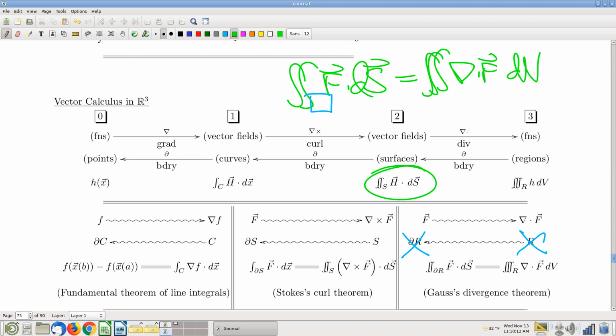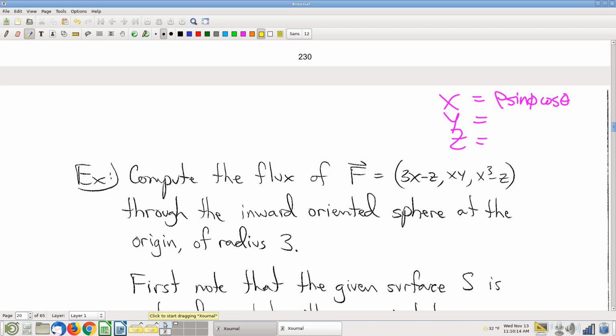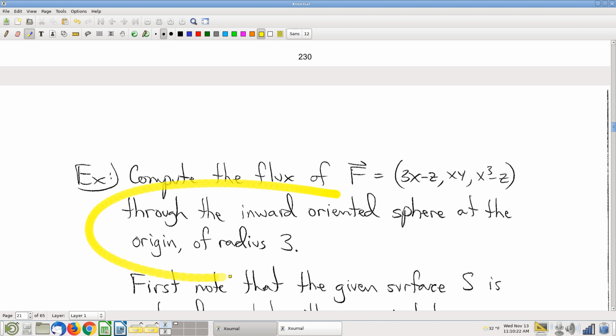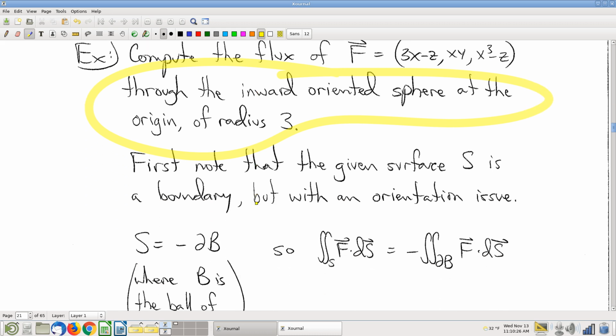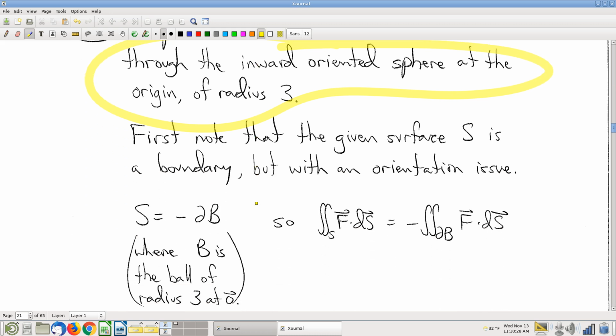So going back to this example, now, can I use Gauss's divergence theorem here? And, is this a boundary? I've got to ask if that is a boundary of something, and not really quite, right? It's the negative, though, of a boundary. Right? Let me color code better.